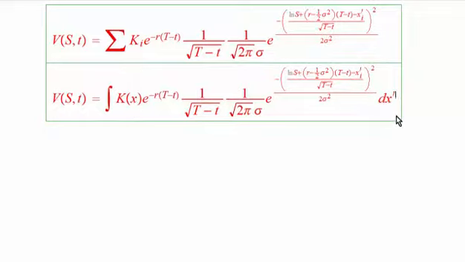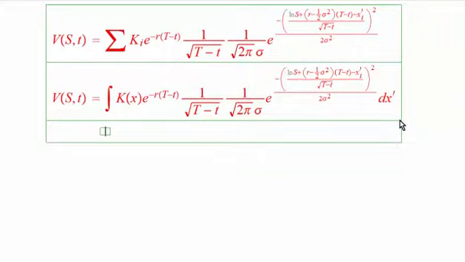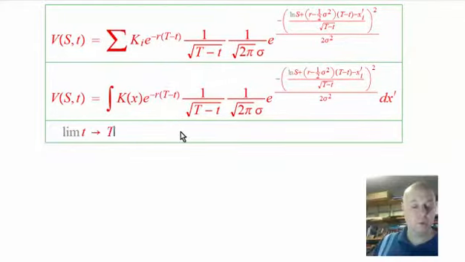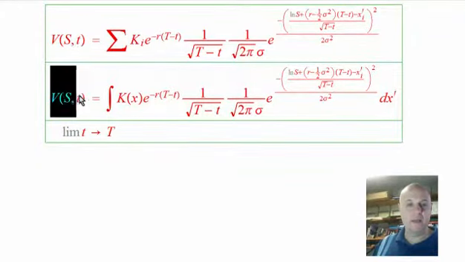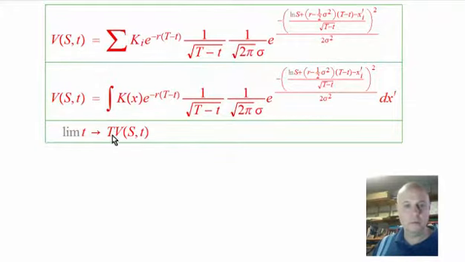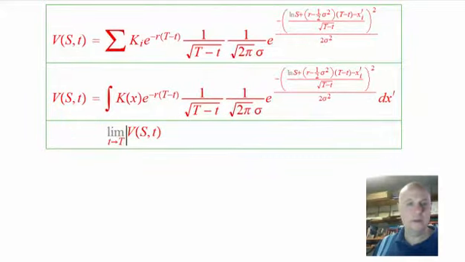So now I've got an integral that solves the equation. What I really need then is this limit. I need the limit when t goes to the expiry time. I need that limit of this function. Let's put that underneath.